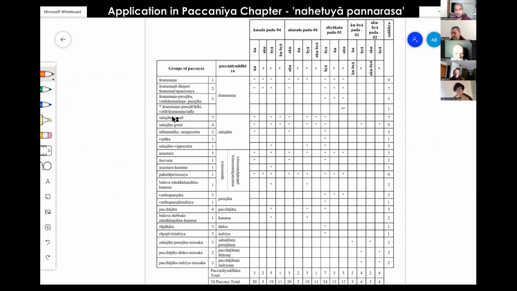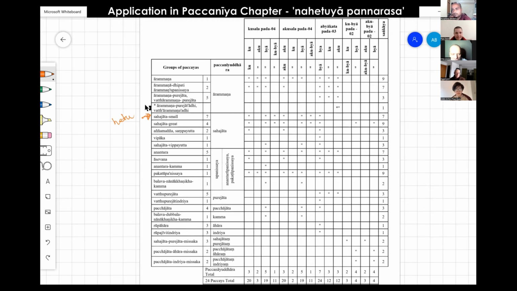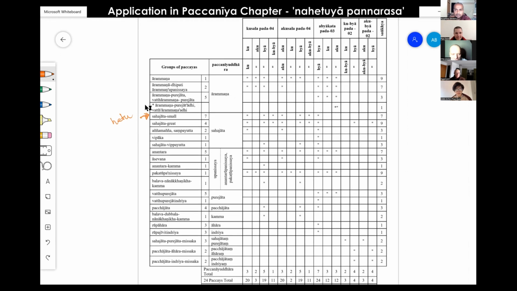From this chart, in the sahajāta small category, the hetu paccaya is only a part of the sahajāta. Do you get that point? In the Paccanīyuddhāra, we know how many Vissajjanās are applicable for the sahajāta.